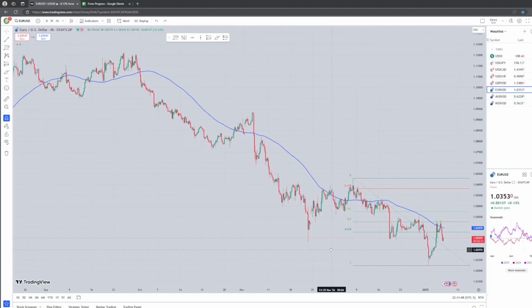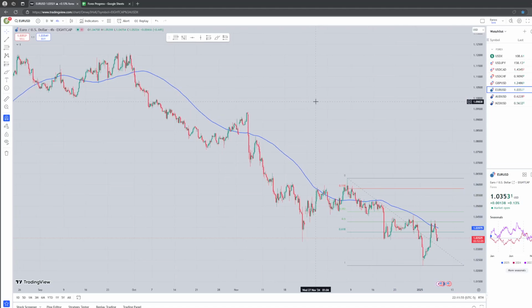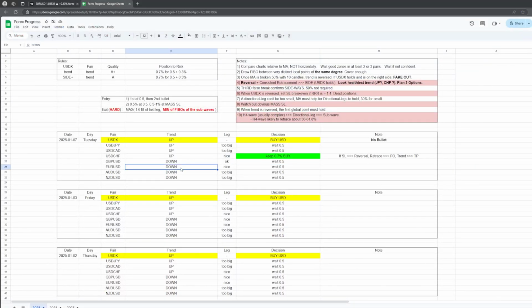So if I were you, I will also pay close attention to Euro USD and sell it when it reaches 50% retracement again. So Euro USD down, nice, wait for 50% retracement.